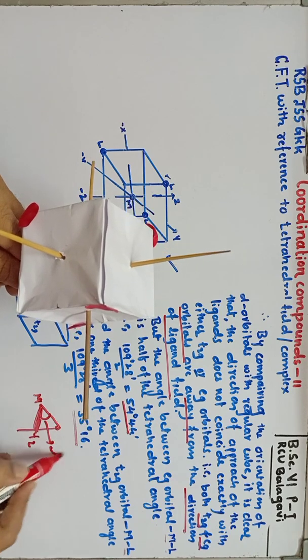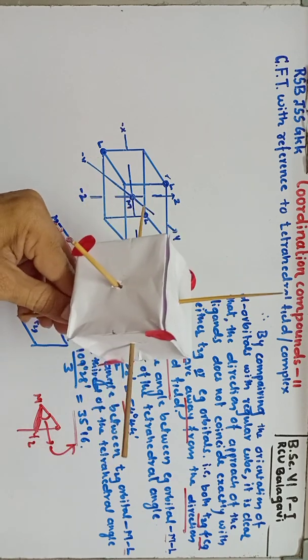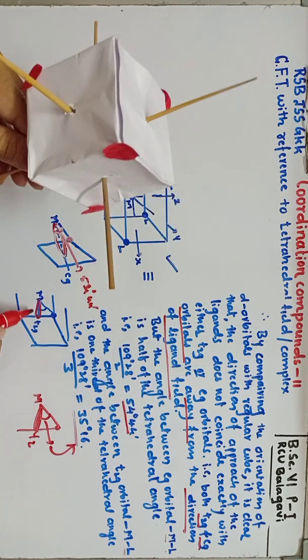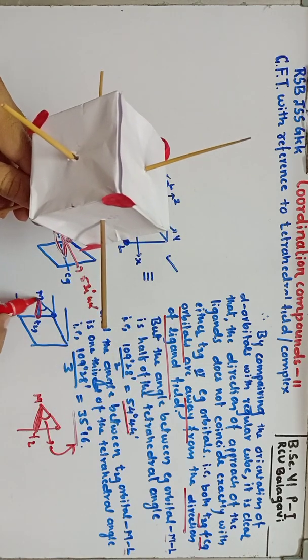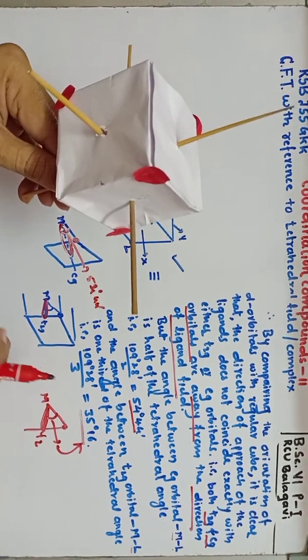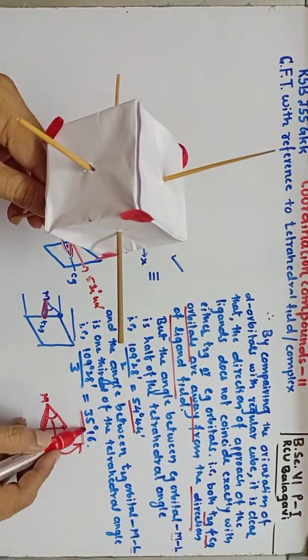This is around 35 degree 16 minutes. So the angle between the T2G orbital lobe, the central metal ion and the ligand is 35 degree 16 minutes.